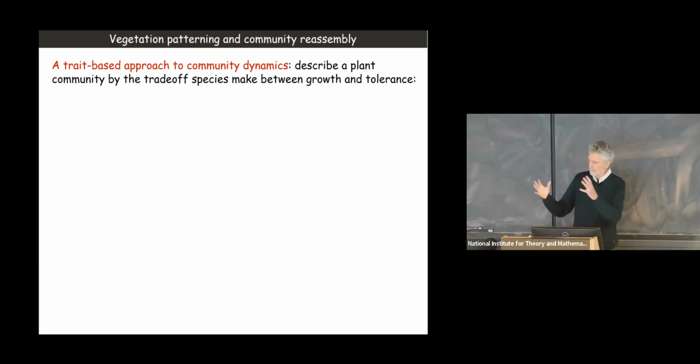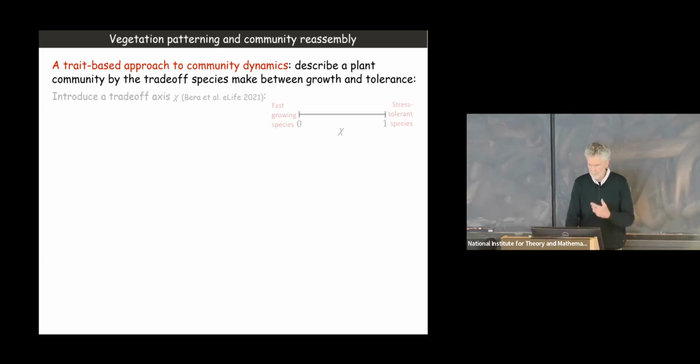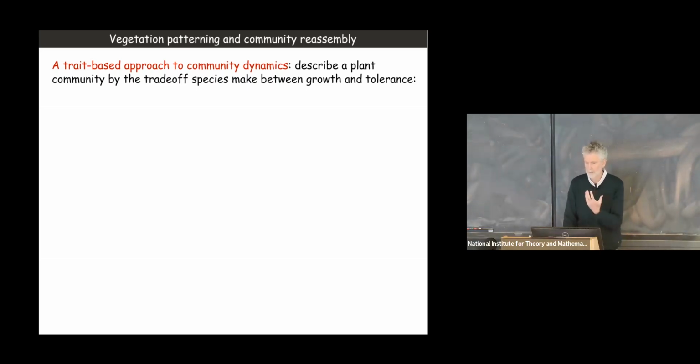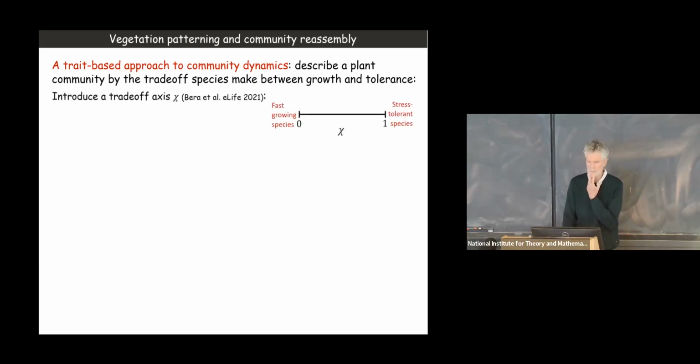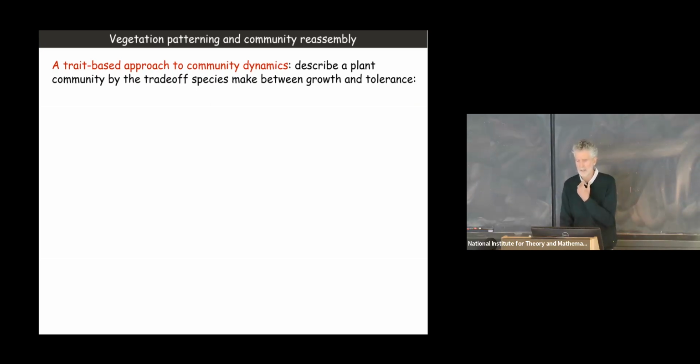On one hand, community shift to stress-tolerant species. On the other hand, spatial patterning. Both are mechanisms to cope with water stress. And we use a trait-based approach to community dynamics.